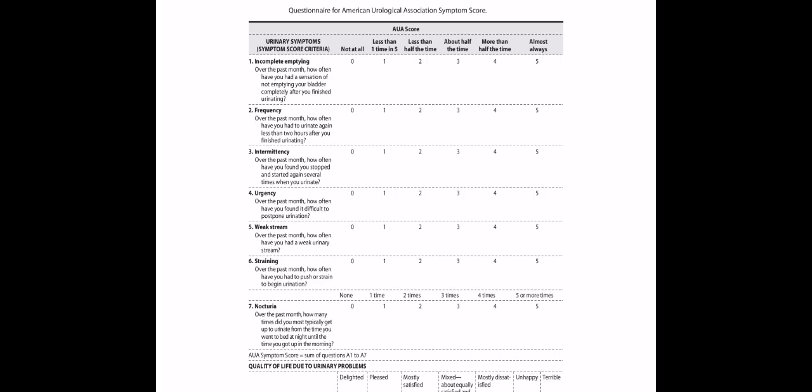For each symptom, a score from 0 to 5 is given, and another separate score is taken for quality of life, if the patient has to live with his prostatic problem.